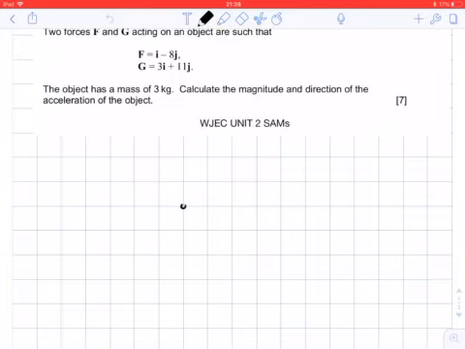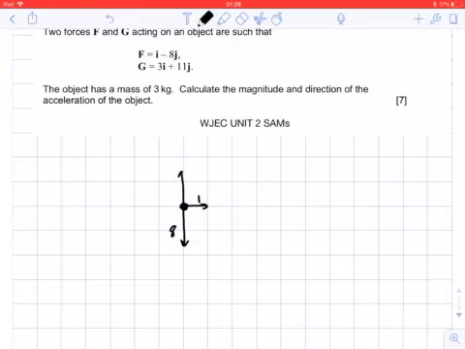So here we have our object, and again, like in the previous video, I'm just going to apply all the forces around the object. So F is 1i minus 8j, so we have 1 in the i direction and minus 8 in the j, so I'll put 8 there.